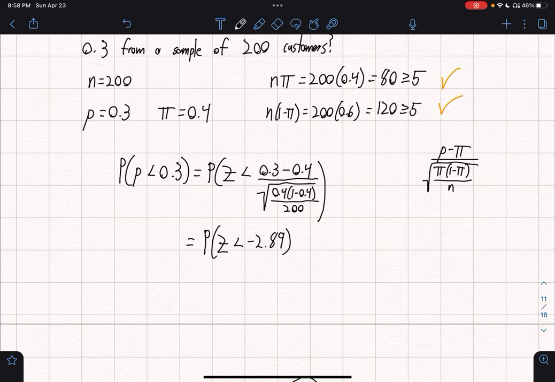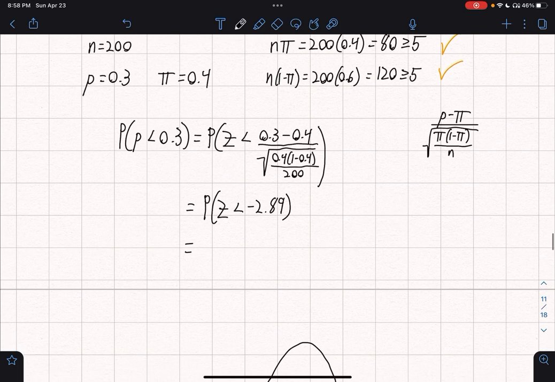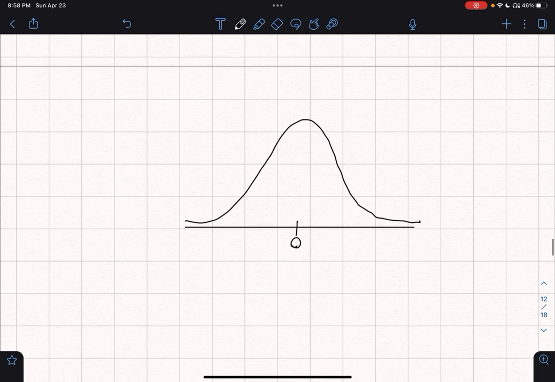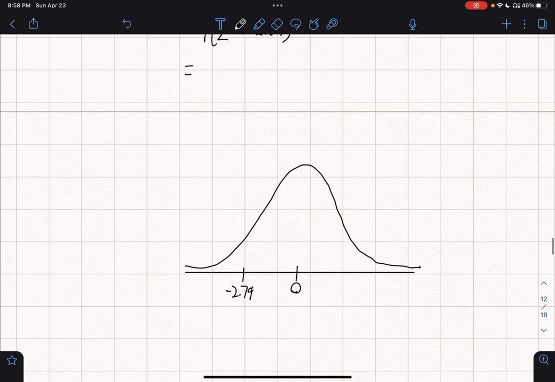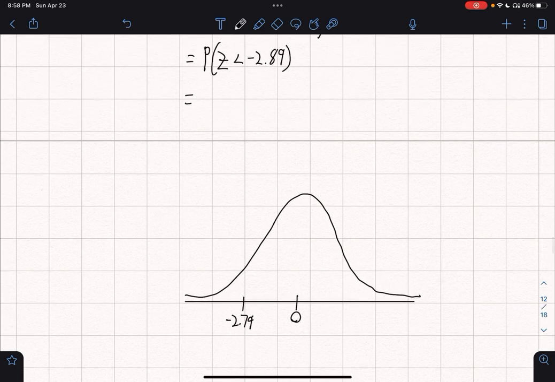Now we need to look up this probability. So let's, as usual, draw this. We have a negative value, so it's to the left of 0, negative 2.89. We are interested in z less than negative 2.89, so we are interested in this area right here.